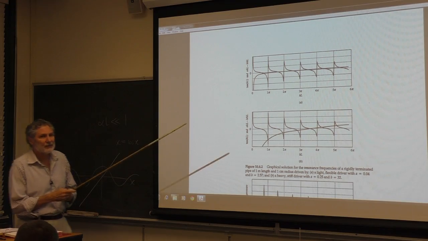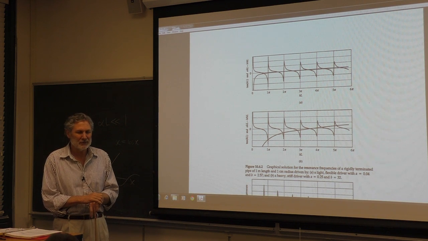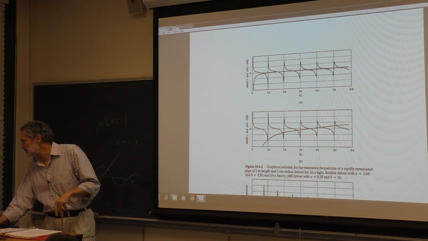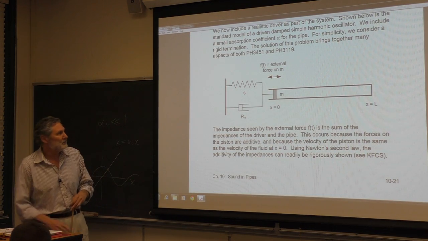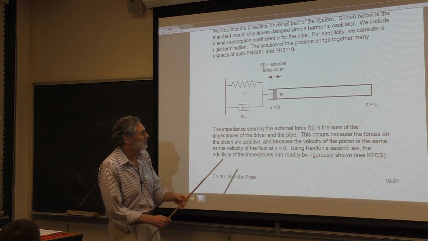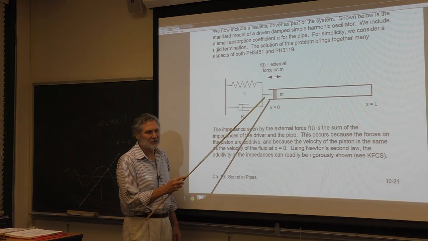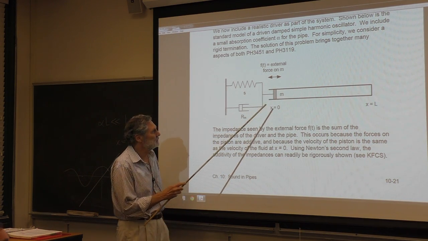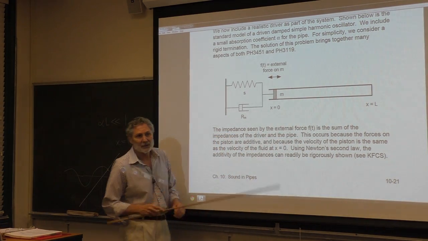The first case is what they call a light flexible driver. It means, in the math of our problem here, that this is small in some sense. Well, we already kind of know what that has to mean. This is small compared to the fluid mass here.